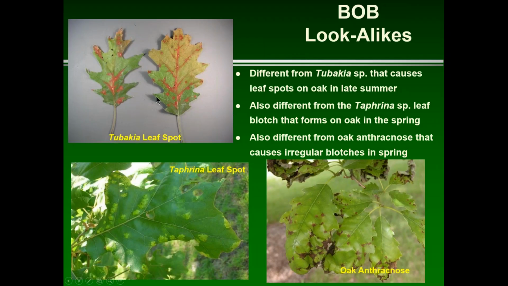Bastian spot is also a late summer developing disease, but is more of a leaf spot disease. And even though here it looks like it may be getting into the leaf veins, it is a different disease than the BOB form of the leaf fungus.